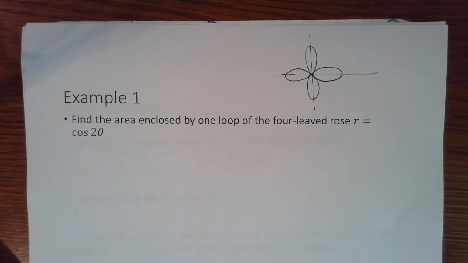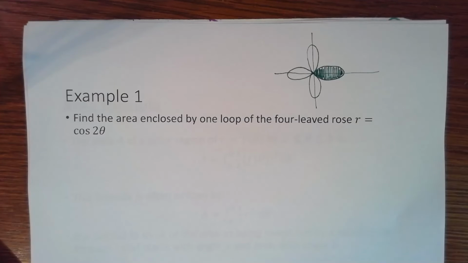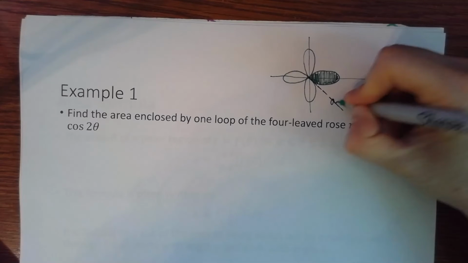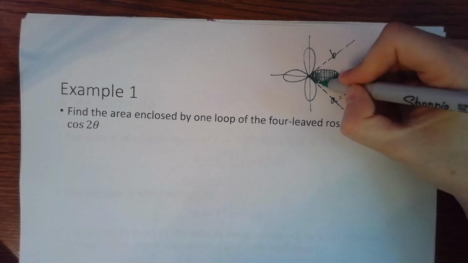If we think about that, here's our A, and this right here is going to be our B. Let's just call this negative pi over 4, that's easier than calling it 7 over 4. And this one will be positive pi over 4.